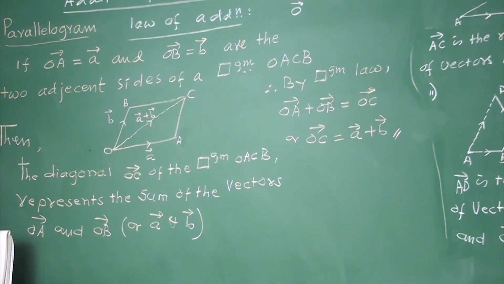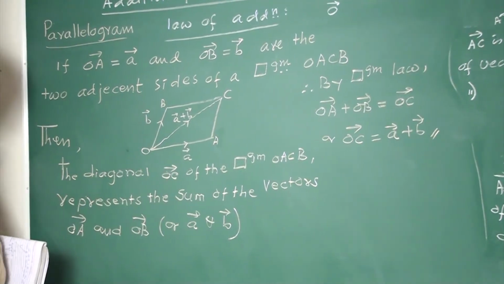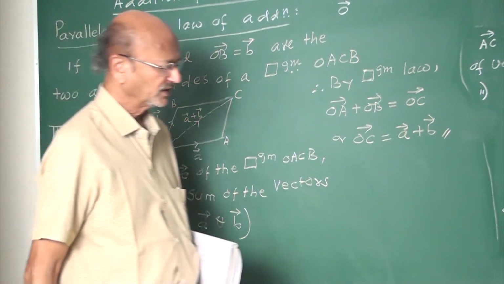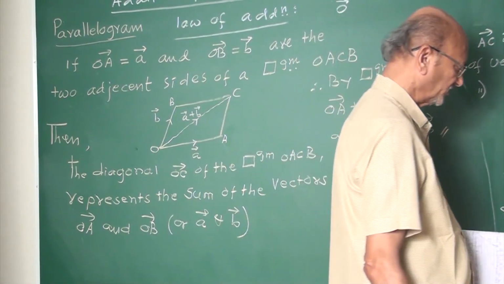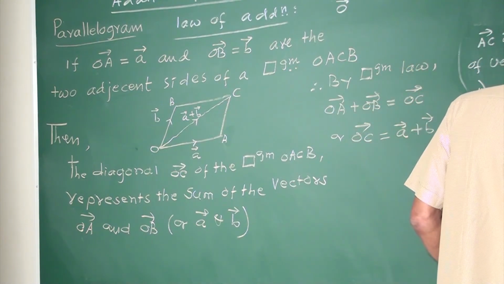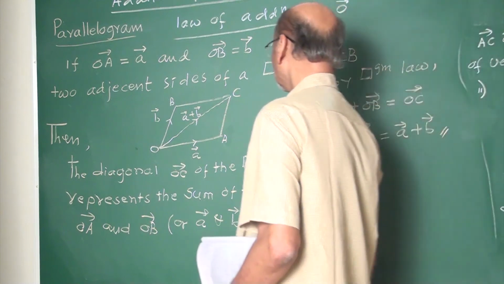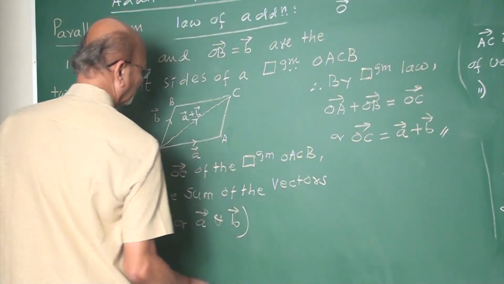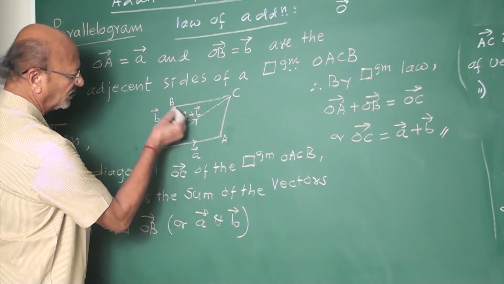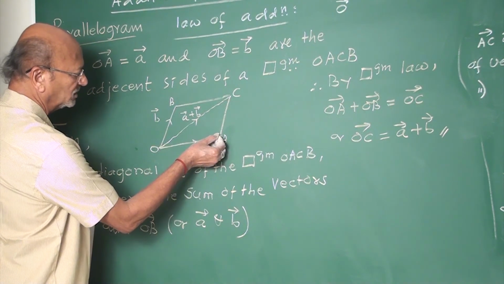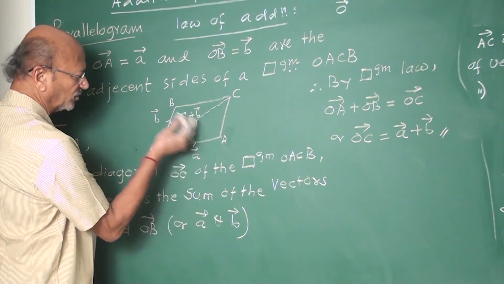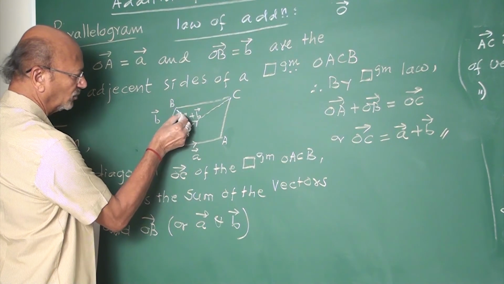What is your observation? Parallelogram means it has two diagonals. OC represents A plus B. Then what is the other one? The other one is the diagonal BA. I am not taking AB. Diagonal BA.